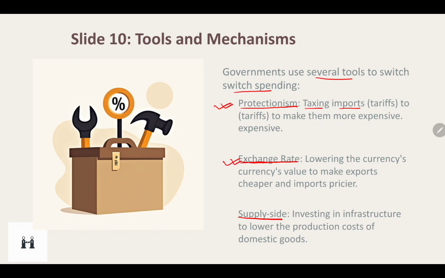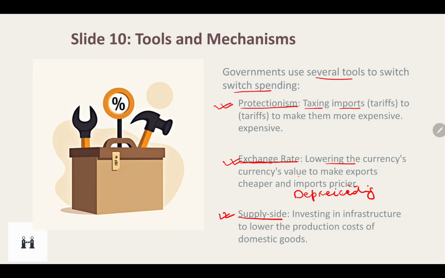Exchange rate: lowering the currency value means depreciating the currency. Depreciating the currency means exports will become cheaper and imports will become expensive, which will force people to switch their spending.